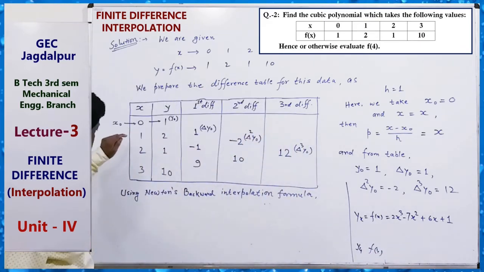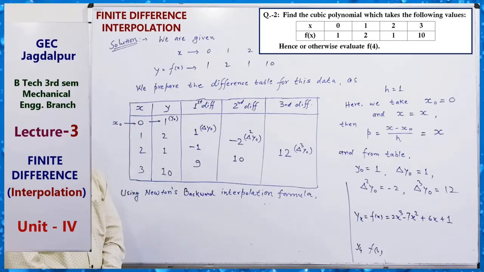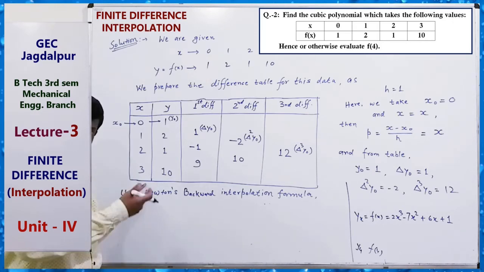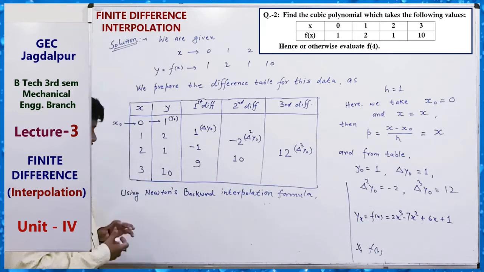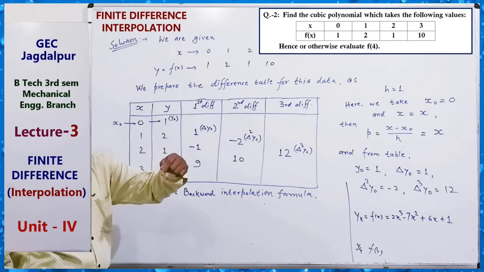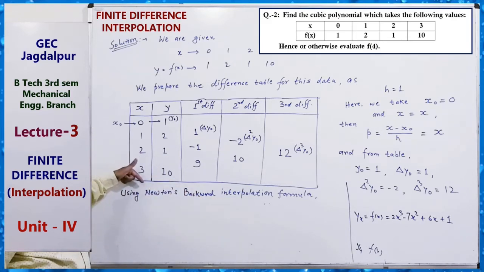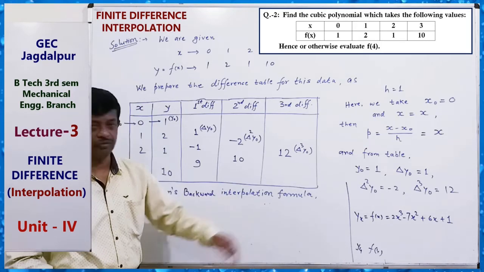Here x takes 0, 1, 2, 3 and x equals 4 is extrapolated, outside of the range. But x equals 4 lies at the end of the table. So we can use the backward interpolation formula also for finding f4.